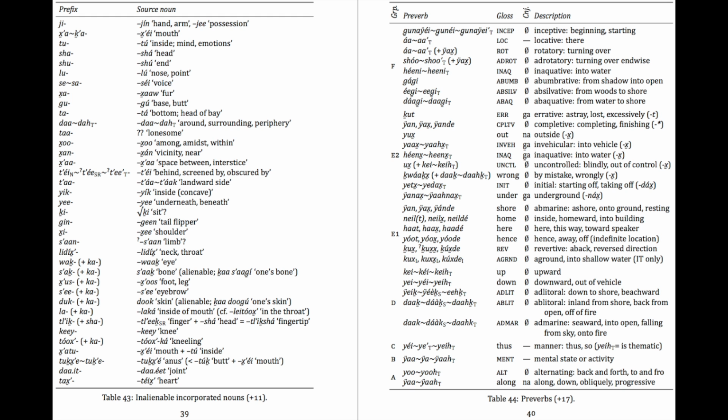Next day. So inside or heading home or into a building. Hach, hade. Here, this way, towards speaker. So ha is this space around us. And with some of these, we see them taking on postpositions.